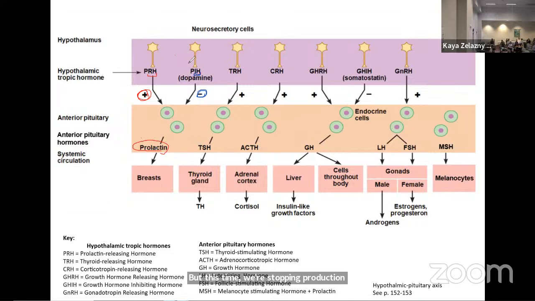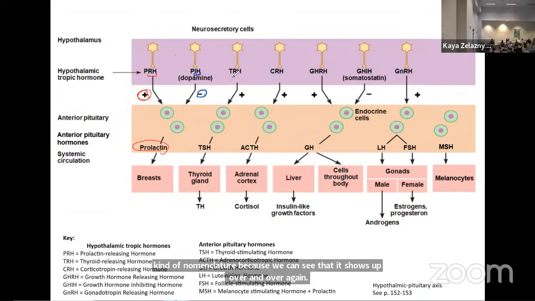If you're trying to guess whether a hormone is coming from the hypothalamus or not, unless you recognize the name itself, a good thing to key in on first is this releasing hormone or inhibiting hormone nomenclature, because it shows up over and over again.